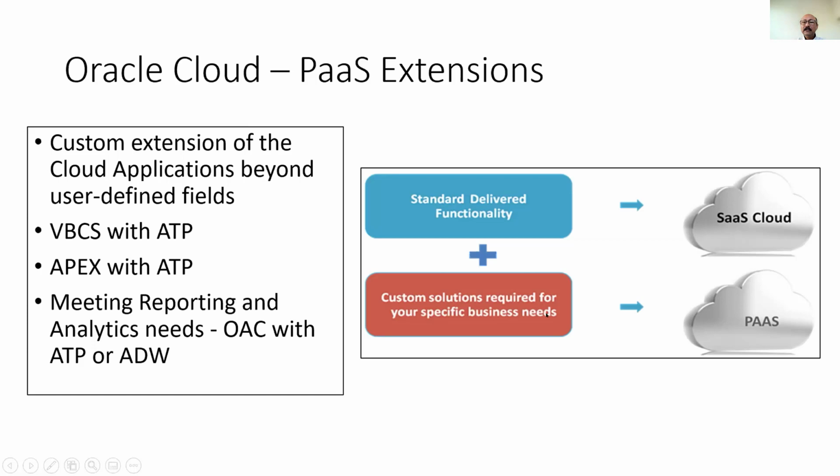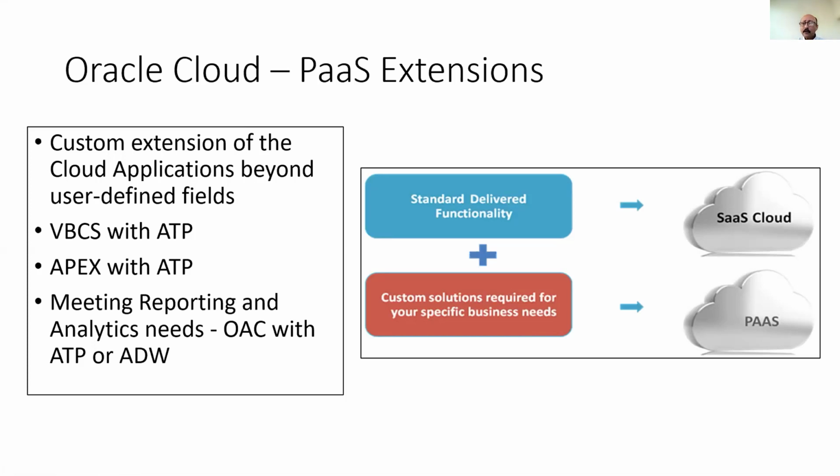So the custom extensions typically end up using tools like VBCS, Visual Builder Cloud Service with ATP or any database, or Apex with ATP. So you end up with extension of your cloud application in PaaS. That means part of your cloud application data is now sitting in, let's say, ATP or some other database.